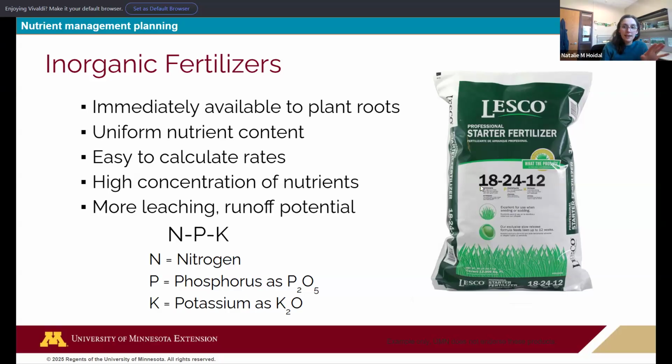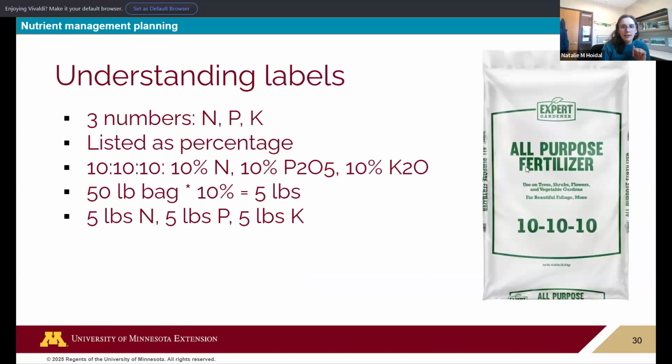The NPK will be printed on the bag: nitrogen, phosphorus, potassium. It's listed as three numbers. Here's an example of a fertilizer bag, a really generic all-purpose fertilizer, 10-10-10. Those numbers are a percentage.